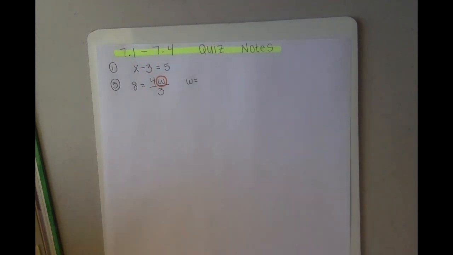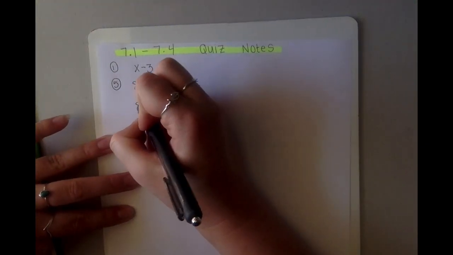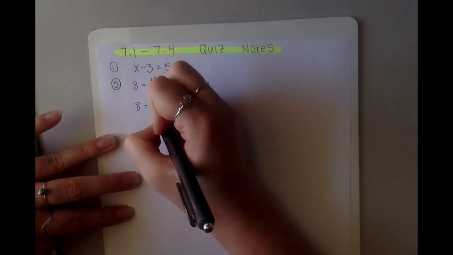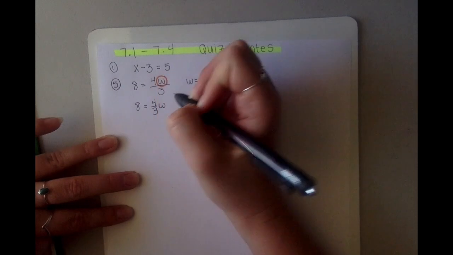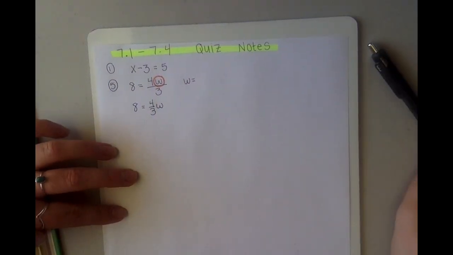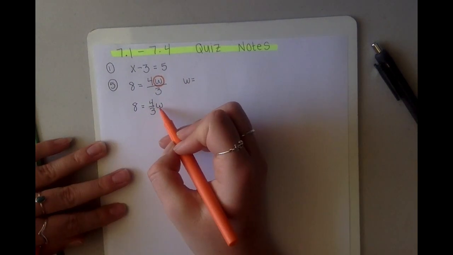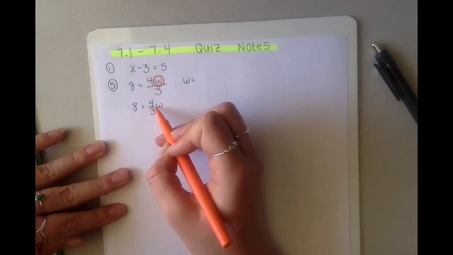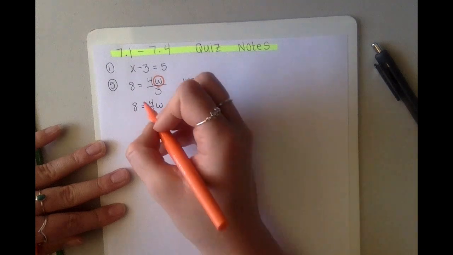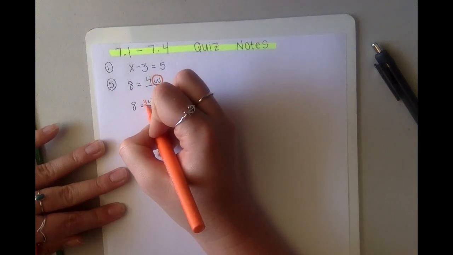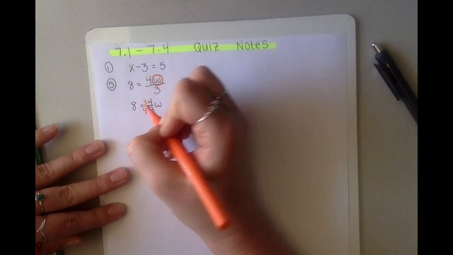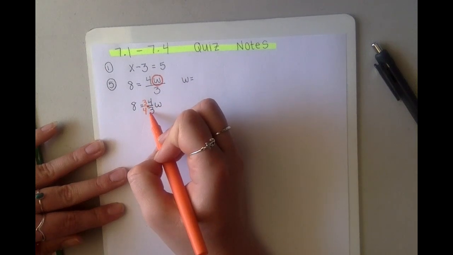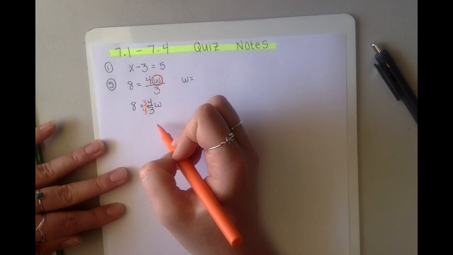Well, right now I could think about this as 8 is equal to 4/3 times W, because this is a nice easy check of, oh, if W is being multiplied by a 4/3, I can multiply by my reciprocal, which would be 3/4, because 12/12 just equals 1, so that will cancel itself out.